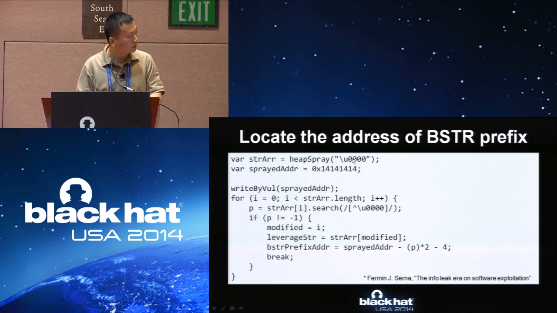We spray with 0, and we change some character. And we find the character that is not 0. Finally, we can calculate the address.